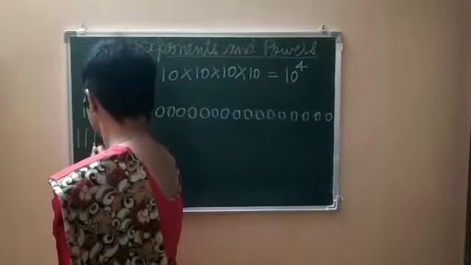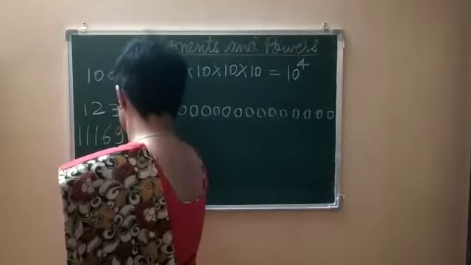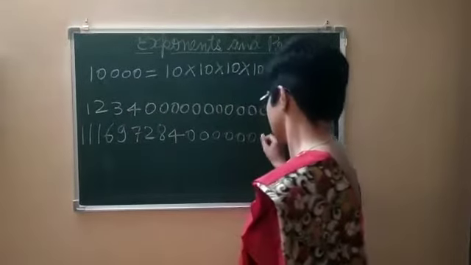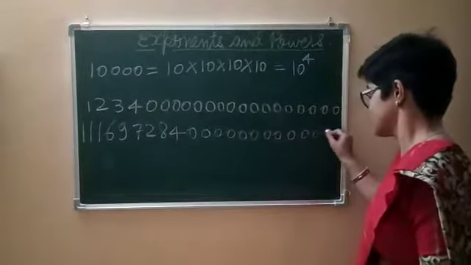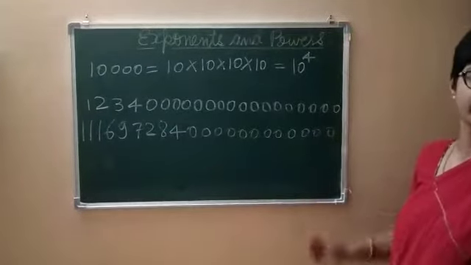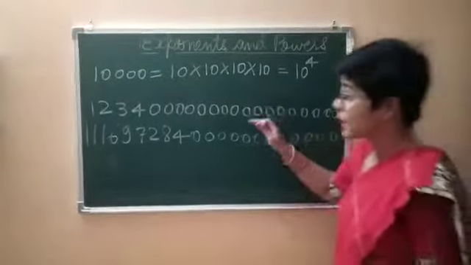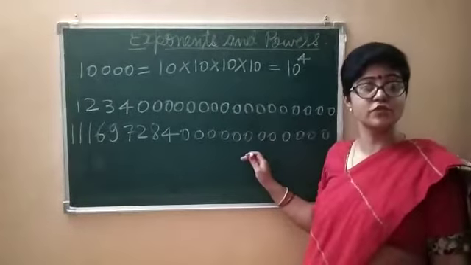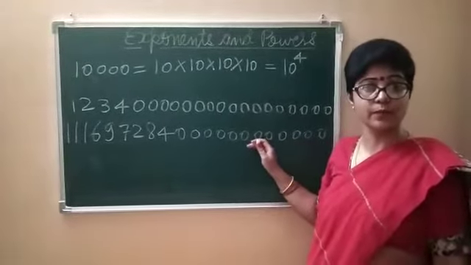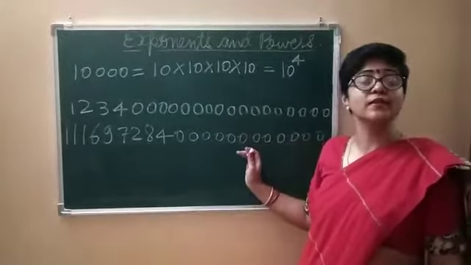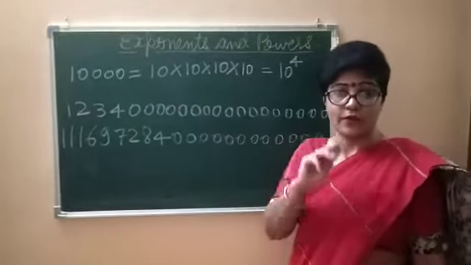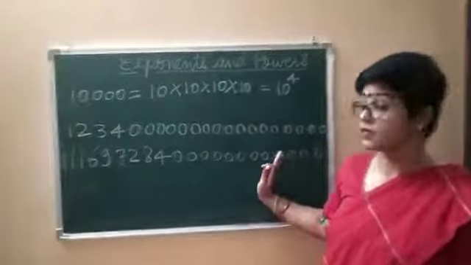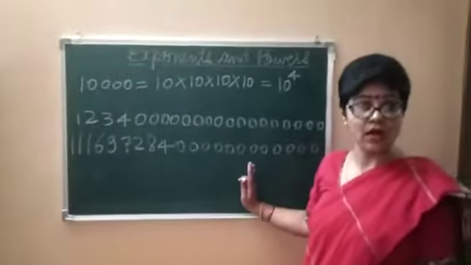It is of 10,000. Can you read this number? Can you compare these two numbers, which is greater and which is lesser number? Can you operate these two numbers? Alright, because these two numbers are very large.